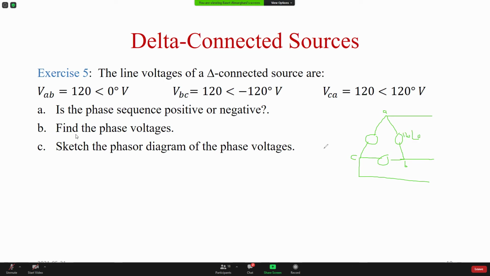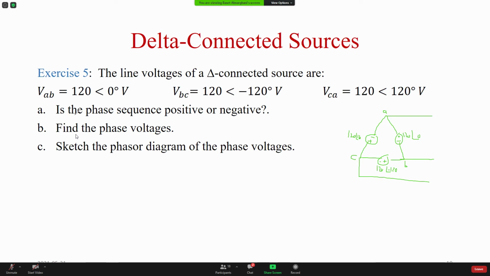Then the voltage BC is 120 minus 120. And this is 120 angle 120. The polarity is positive toward A because it's VAB. The polarity is toward B because it's BC. Then the polarity is C because it's CA. C is the positive, A is the negative.